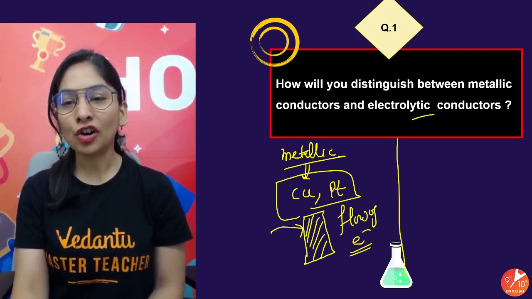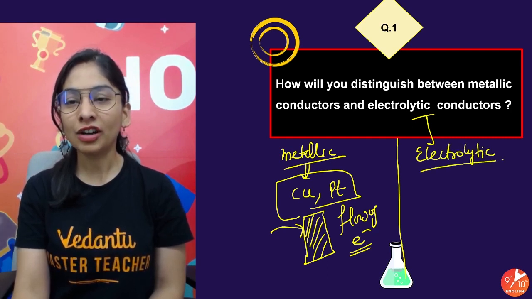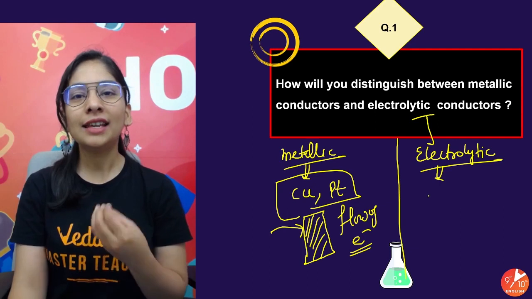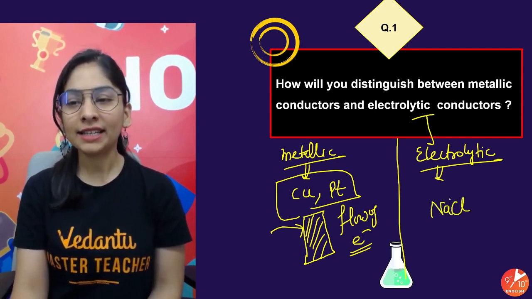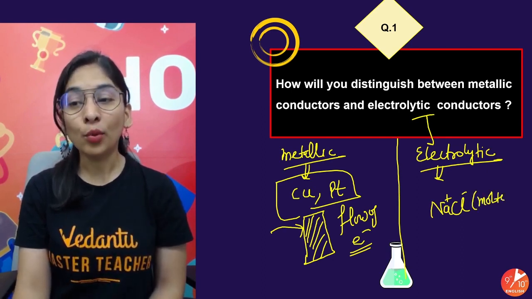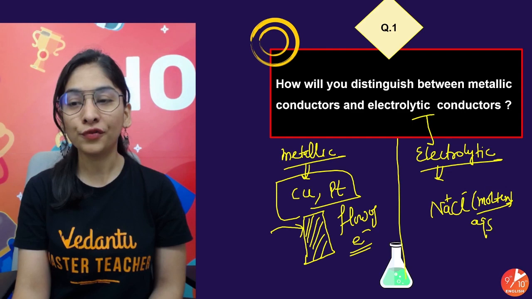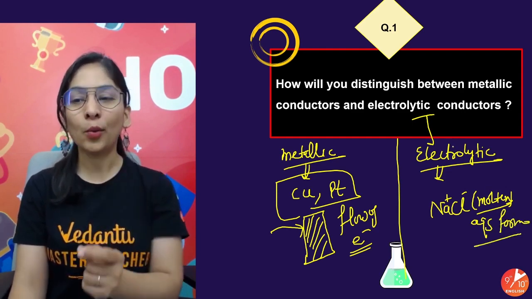Okay, and when I talk about electrolytic conductors, you know that these are basically electrolytes. Suppose one example like NaCl, that's made up of opposite ions. When you take it into the molten form or in aqueous solution form, this is quite important to note down. My electrolytic conductors are what?